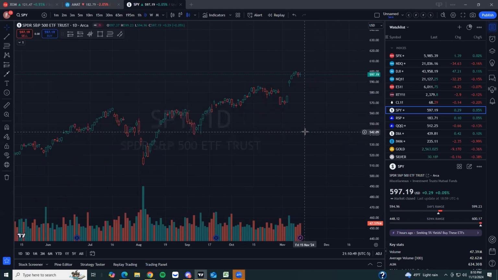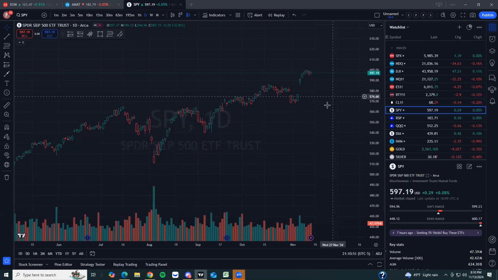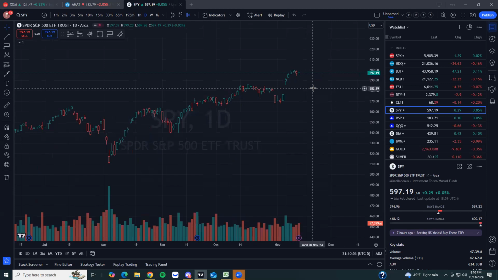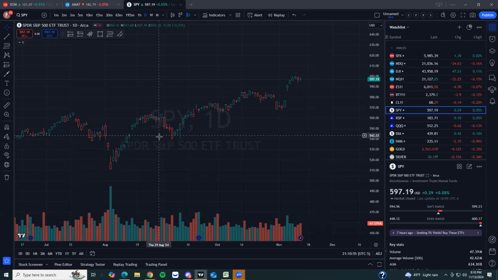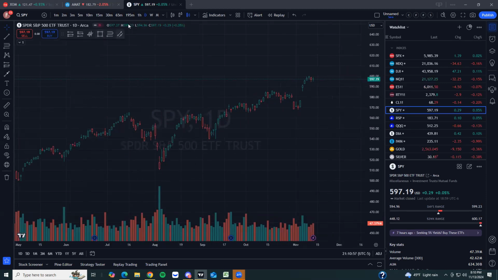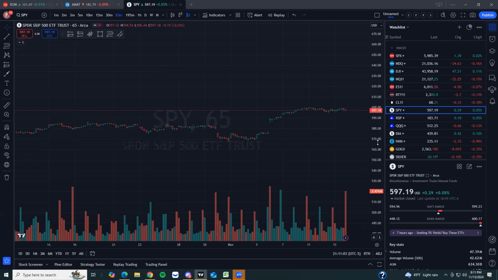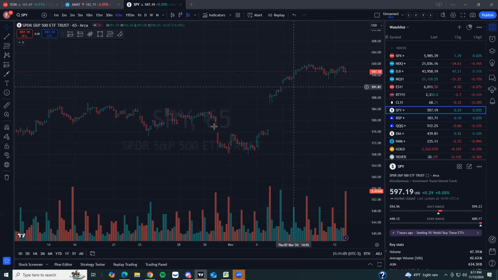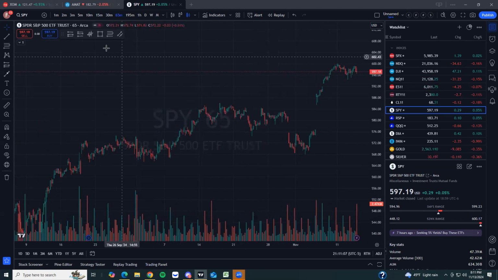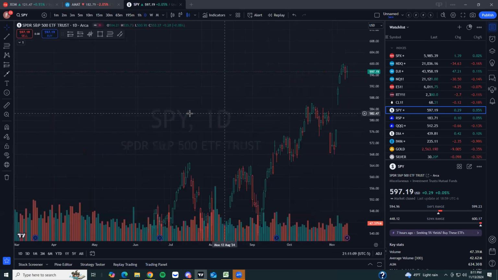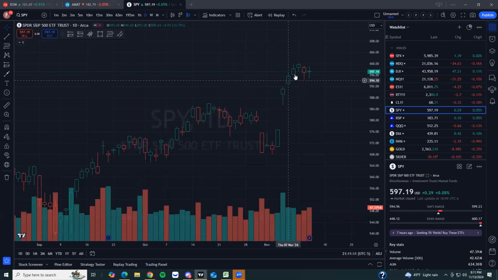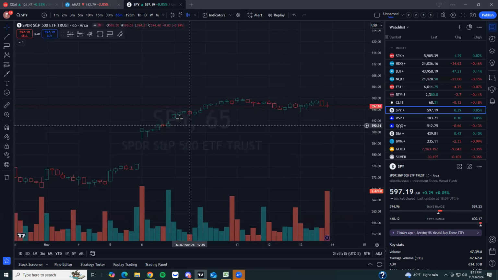I'm going through it quickly because we went through it on the previous one. So I'm just trying to catch up, get you guys reminded of what's going on. So the higher time frame is bullish. Let's drop down, say, an hour. Here's an hourly chart. So basically, you have to realize what I'm seeing here on these candles, I'm dropping down and seeing what's going on inside that daily candle.